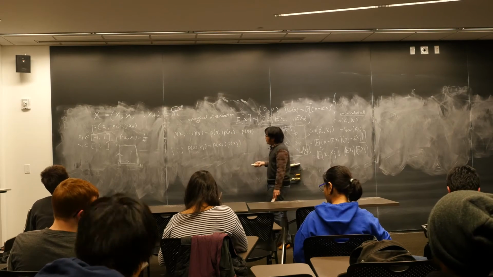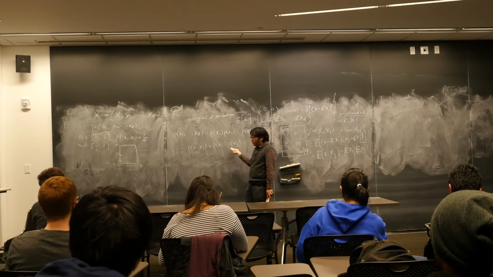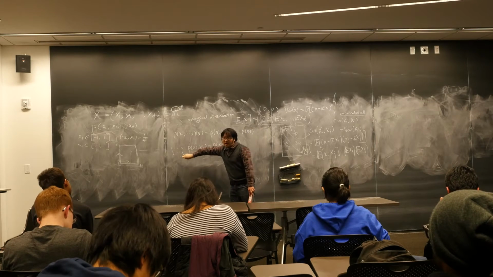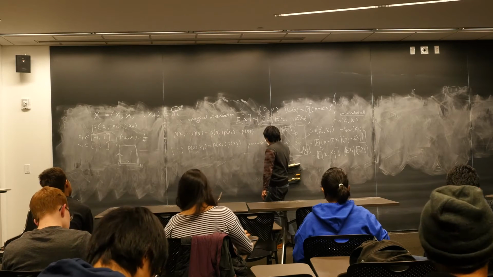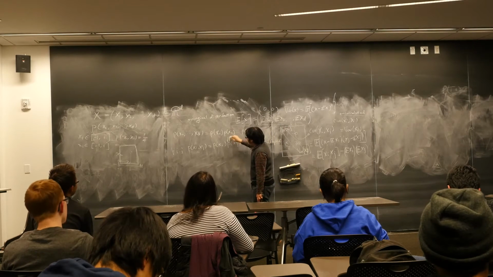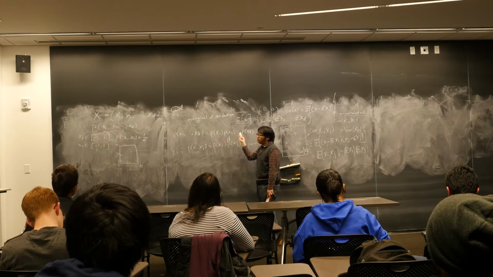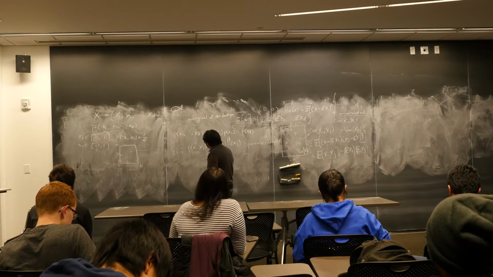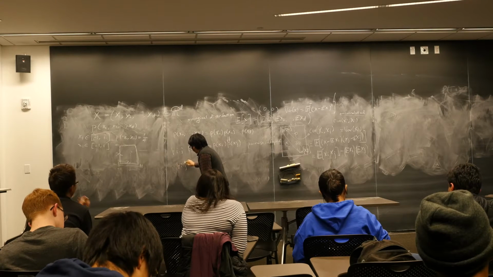If the marginal distribution of any pair of variables factorizes, can be expressed as a product, and this holds true for every pair of i and j, then we say they are pairwise independent. Independence implies pairwise independence, but the reverse is not true. You can find pairwise independent variables that are not independent. An even weaker notion is uncorrelated.